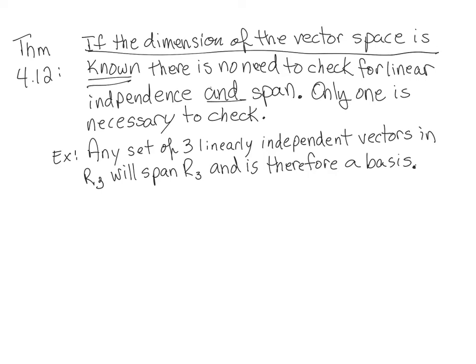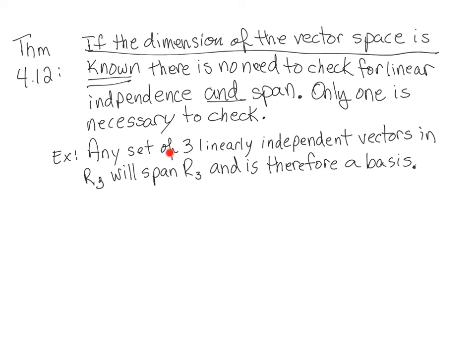You know you don't have too many or too few vectors. You will have 3 vectors for three-dimensional space. All you have to do is check for one of those conditions. Does it span, or is it linearly independent? If one of those is true, then both of them will be true. If one of them is false, then they will both be false.